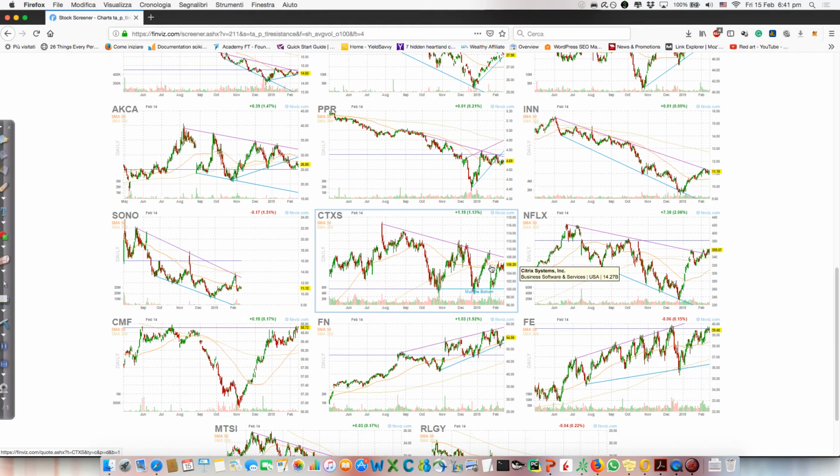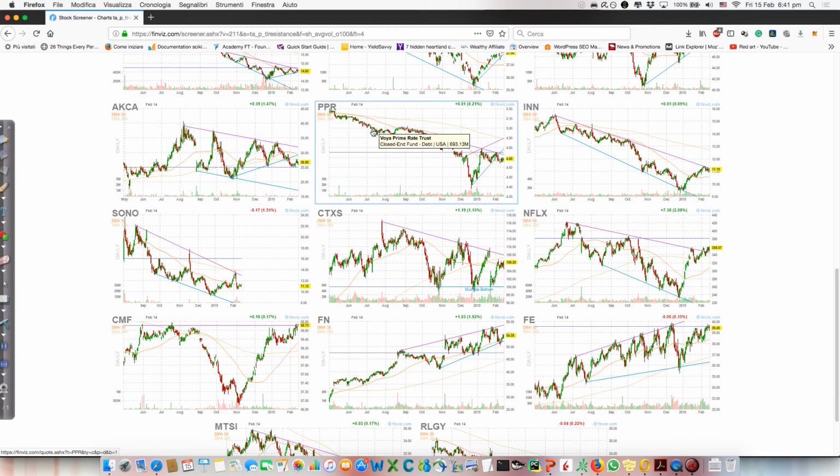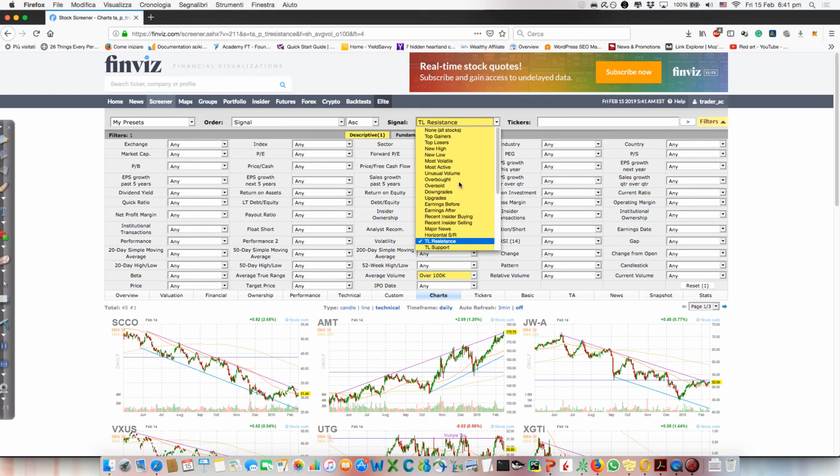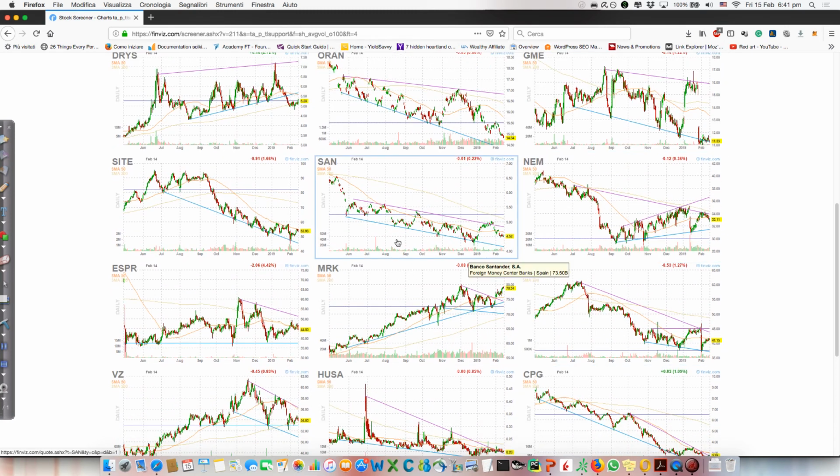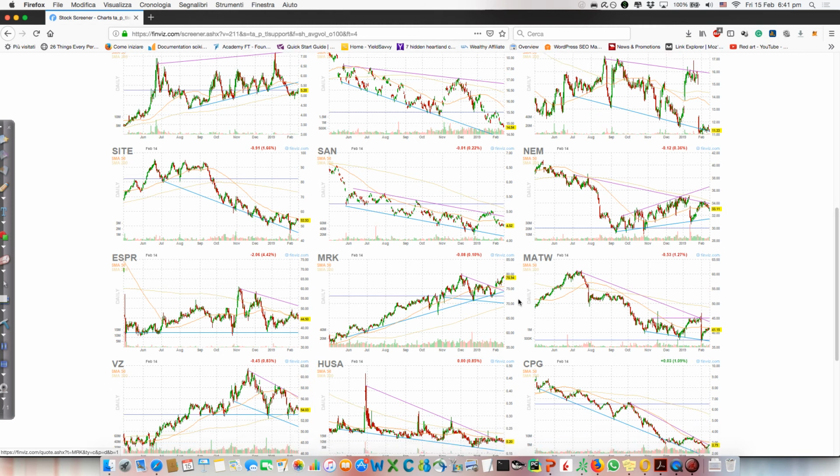So it's not a channel, but it may be a combination of a trendline resistance with something else. And then we have the trendline support. Yeah, so it's basically the same thing for the support. Like here we have a support, here we have a support.